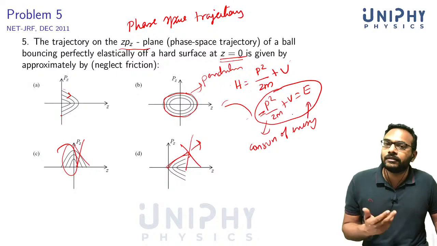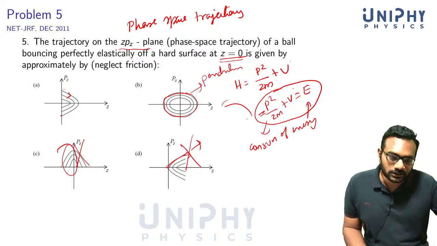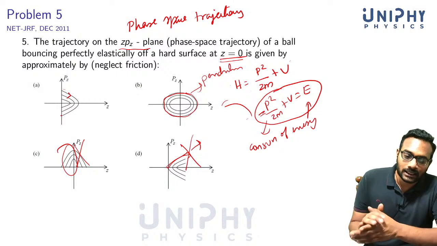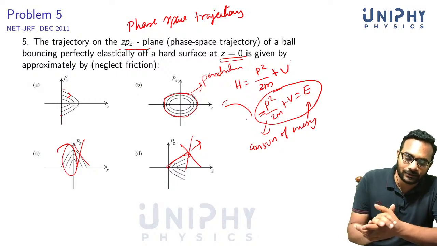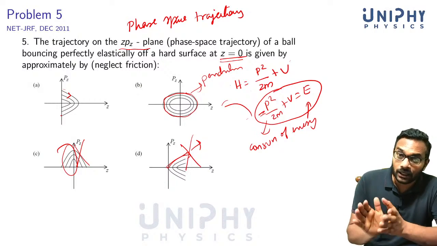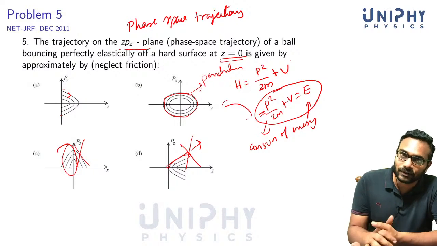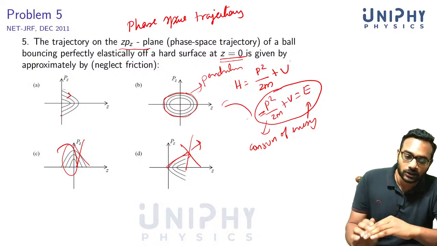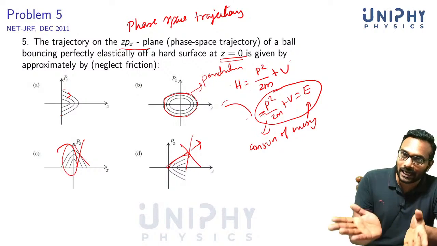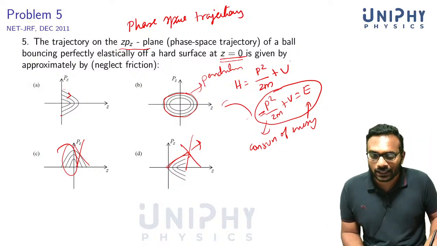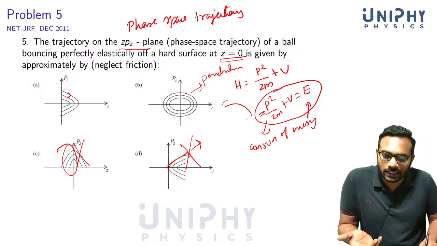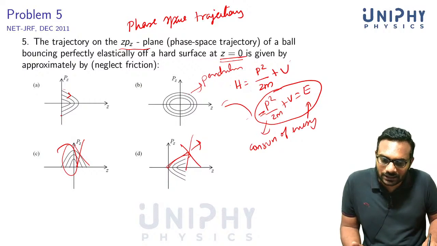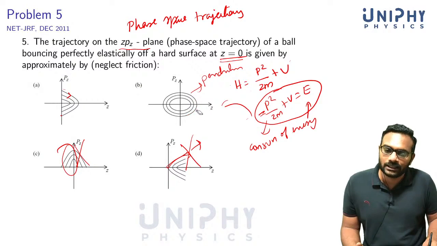Remember this: for a one-dimensional system, the conservation of energy directly gives you the trajectory of the particle in phase space, or the phase space portrait. Why? Because the constant energy surface is a line, and the trajectory is also a line, and the particle, if it has a constant energy, cannot escape this line because the energy does not change.